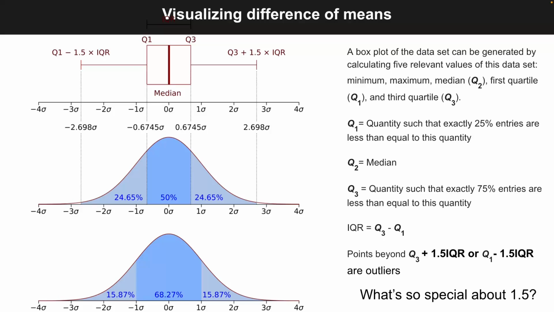That's why a bar plot is not something you would want to use when comparing two different means. When you bring in the box plot, the assumption is that things are Gaussian distributed, which is true for most cases, and you want to see what the major chunk of information is. So Q1 to Q3 captures 50%.